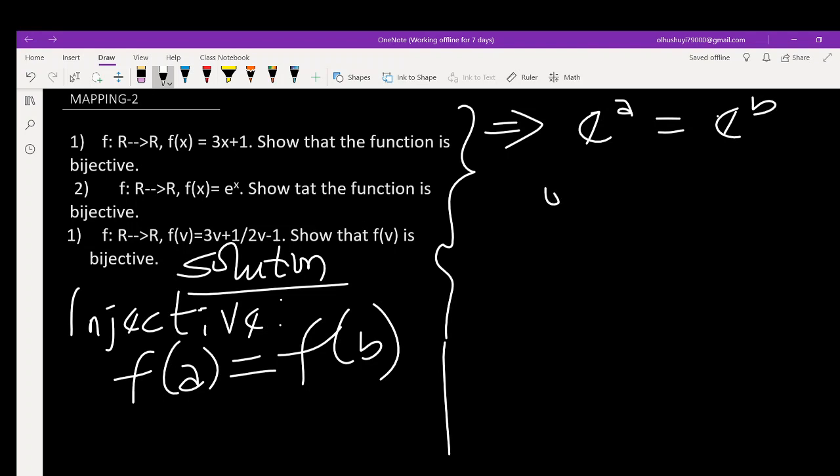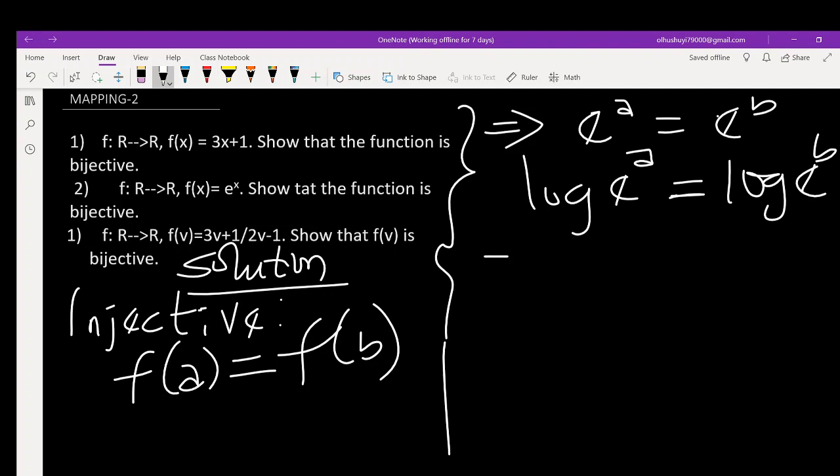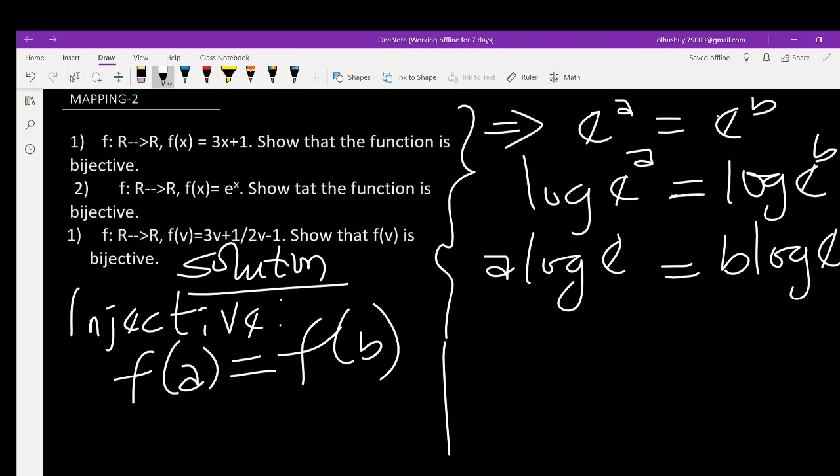I can say log of exponential of a equals log of exponential of b. And this can be equal to a log e equals b log e. They have a common base, natural log.